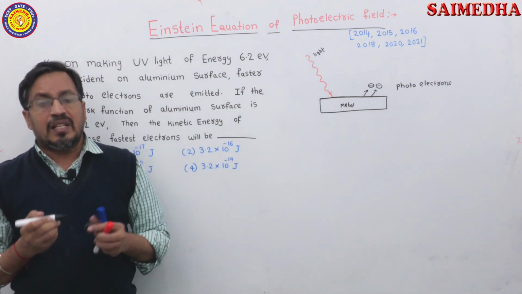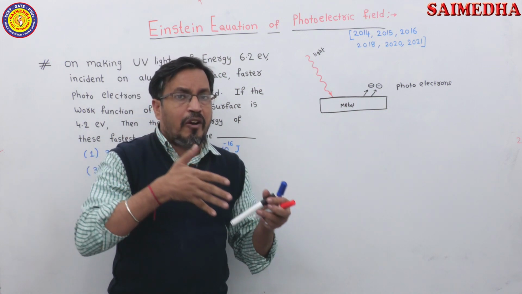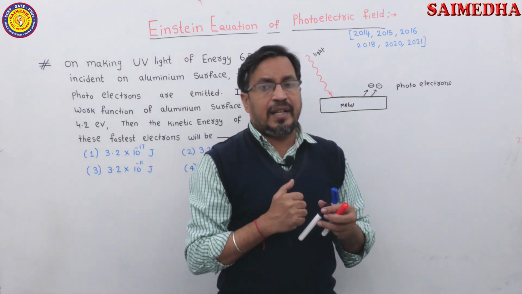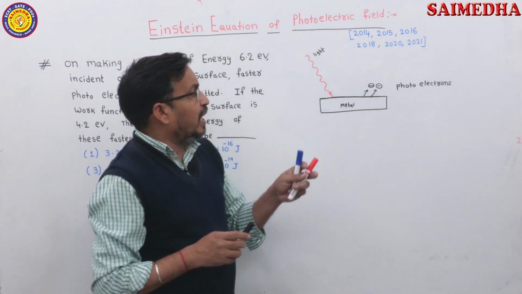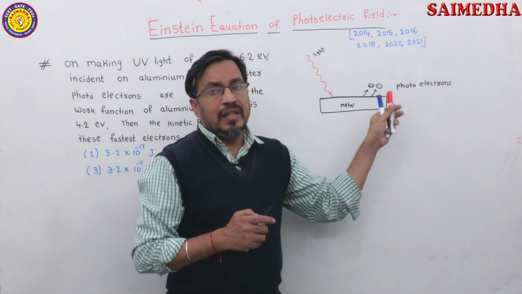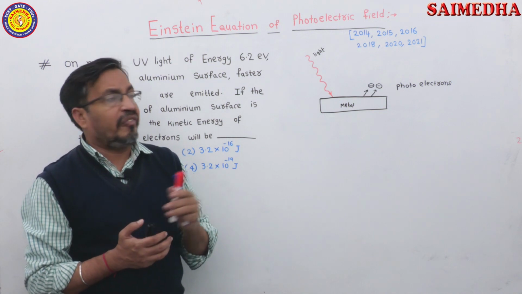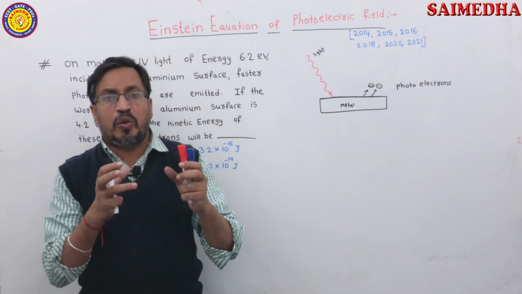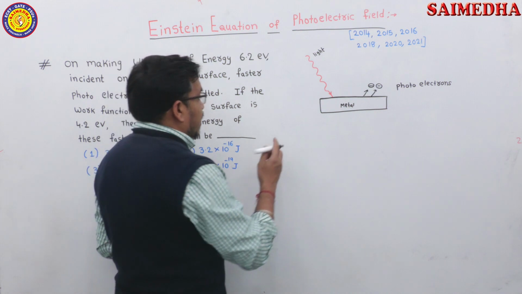Students, very important: light consists of a stream of particles of electromagnetic energy, and the particles are known as photons. When light is incident on a metal surface, electrons are emitted. The phenomenon is known as photoelectric effect or photoemission.